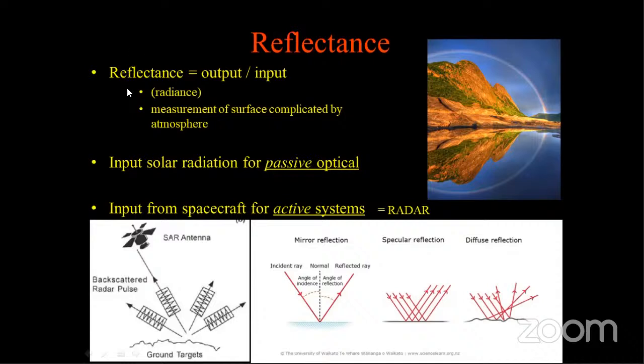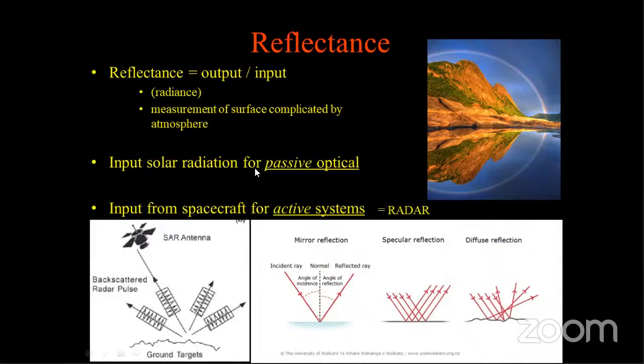Reflectance is a ratio of output divided by input, or outgoing radiation divided by incoming radiation coming from the sun. This is called radiance basically, and this output is the measurement of the surface as affected by the atmosphere. So the ratio of outgoing and incoming radiation is called reflectance.